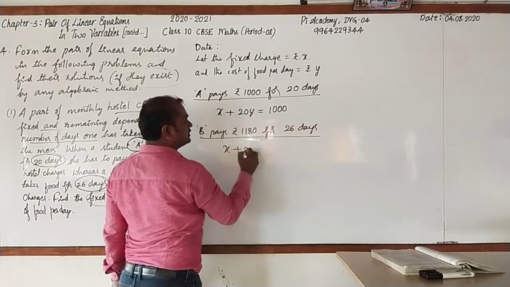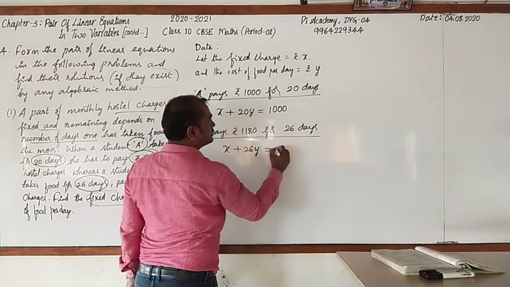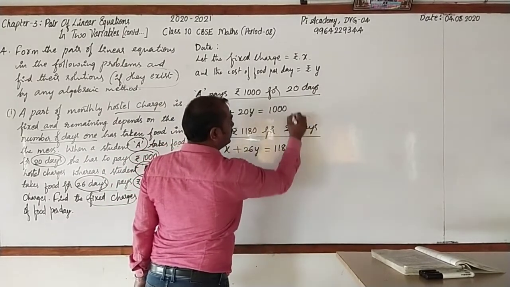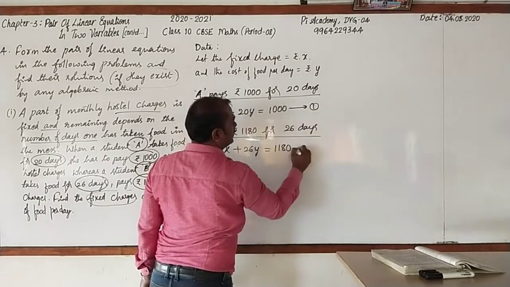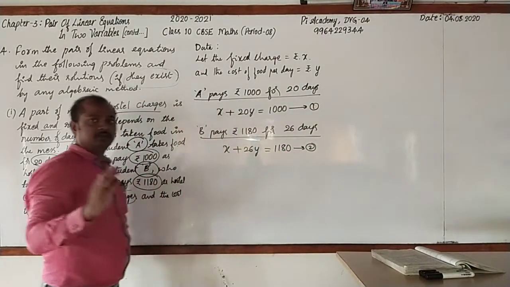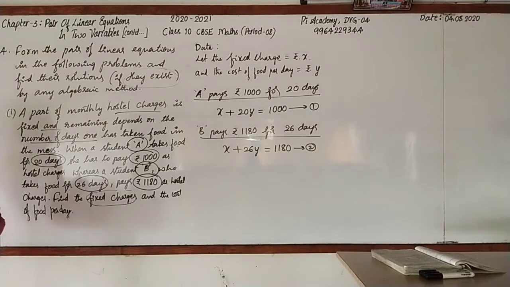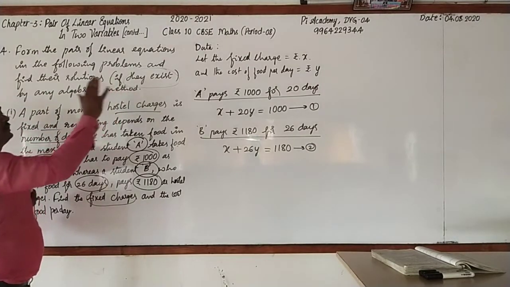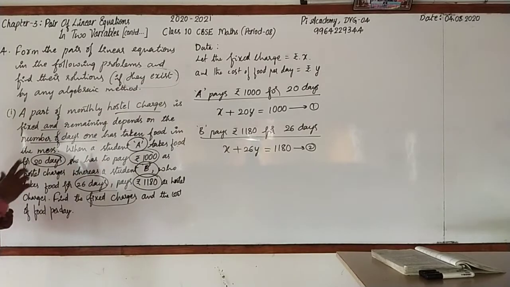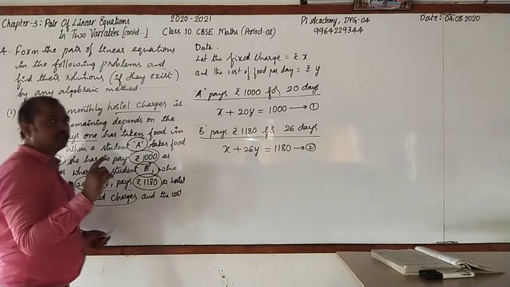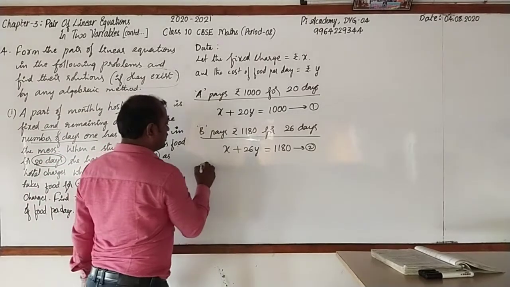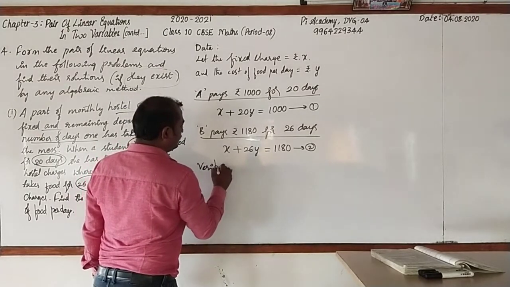For 26 days, 26Y. This is equal to 1180. You may call this the first equation and this the second equation. Clear? Okay, then after this, what should be done? Find their solutions if they exist. So now we have to check whether the solution exists or not. Here I'll write verification.